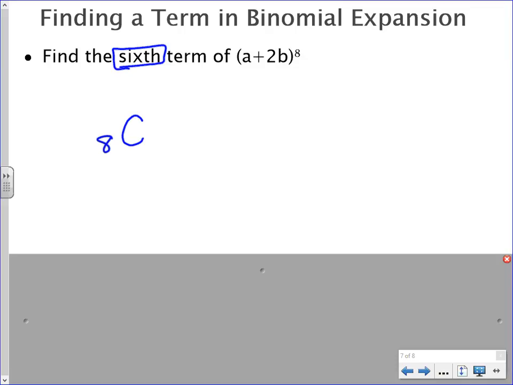Okay, 8 combinations of 5, so we can at least start there. All right? Then we know that we need a to a power and we need 2b to a power. Now, this number is going to match which exponent? The first or the second? Okay? So we know this has to be a 5. And if this is an 8, this is a 5, what does this exponent have to be?